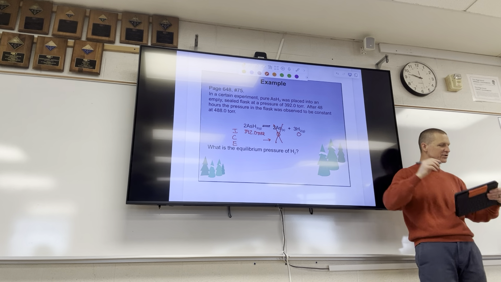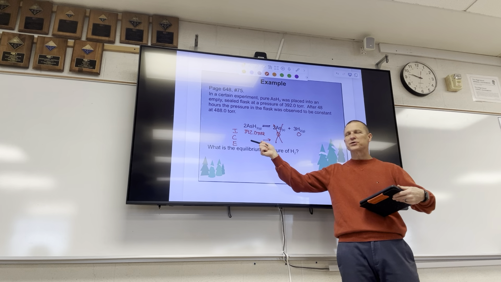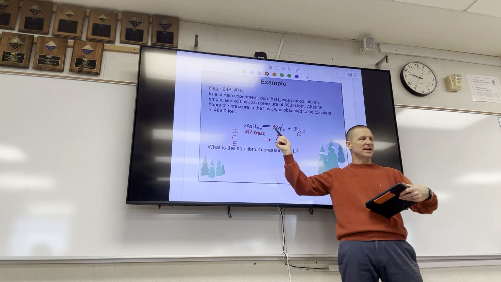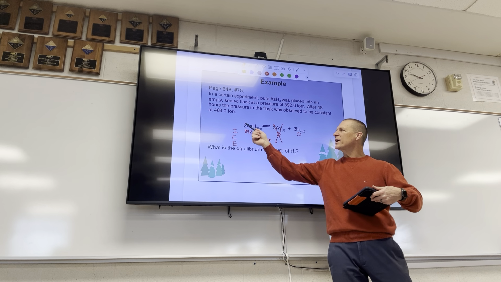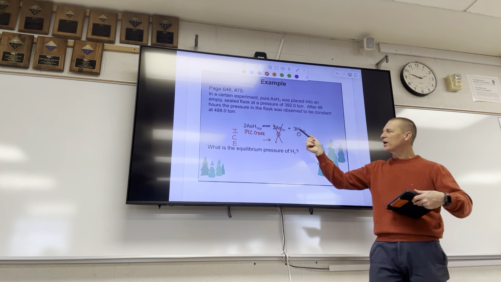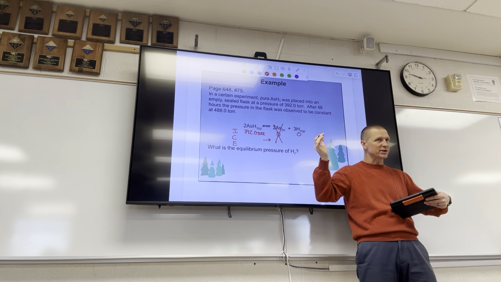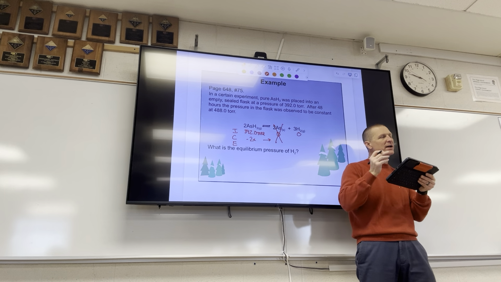Anyway, this thing has to proceed to the right because we can't end with 0 of anything, so it's got to make some hydrogen. So as it does that, I could say the left side goes down by x, but I'm not going to. Using the coefficients, and that's one of the reasons I like this question, because the coefficients aren't all 1, we're going down by 2 of these and going up by 3 of these. So in my change, I'm going to say the ASH3 goes down by 2x, not just x, but by 2x.